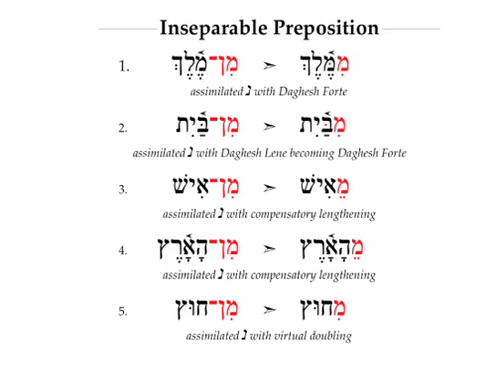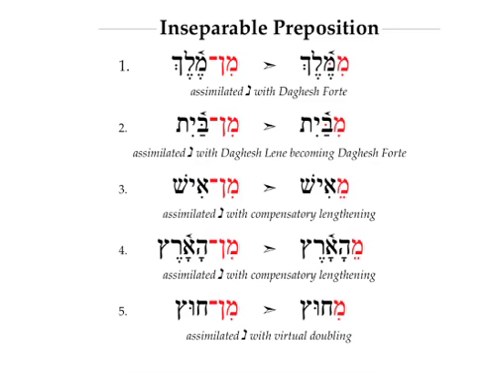Now, let's go back to your screen and look at example 4 together. In example 4, you'll see the preposition min has been prefixed to its object haaretz, the earth. Notice, however, in this case, when the preposition min is prefixed to the definite article, it does not cause the definite article to fall out. The hey is present in each case.